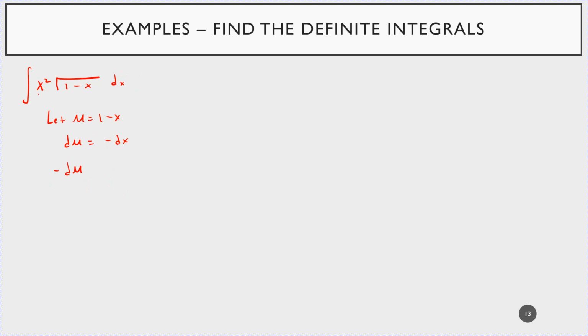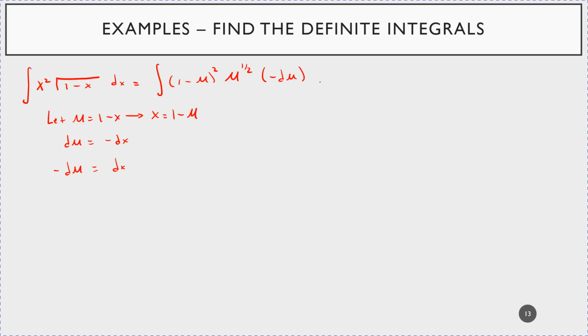But look, it's like, oh shoot, I have x squared. Well, if I add the x over and subtract the u, wherever I see an x, I can replace it by 1 minus u. So this now becomes, instead of x squared, the integral of 1 minus u squared, times the square root of not 1 minus x, but u. So I'm going to write that as u to the 1/2, and then, because I'm going to replace dx, don't forget you have this minus du.